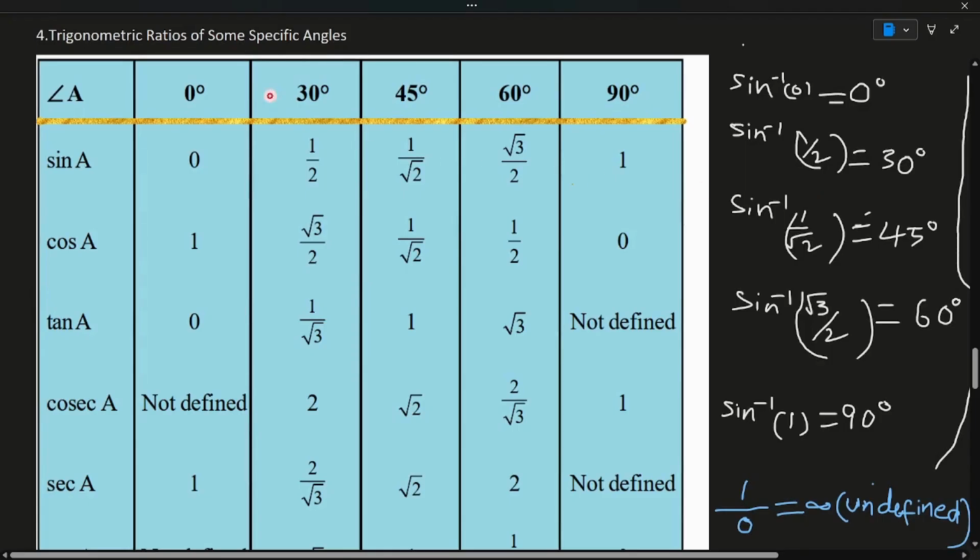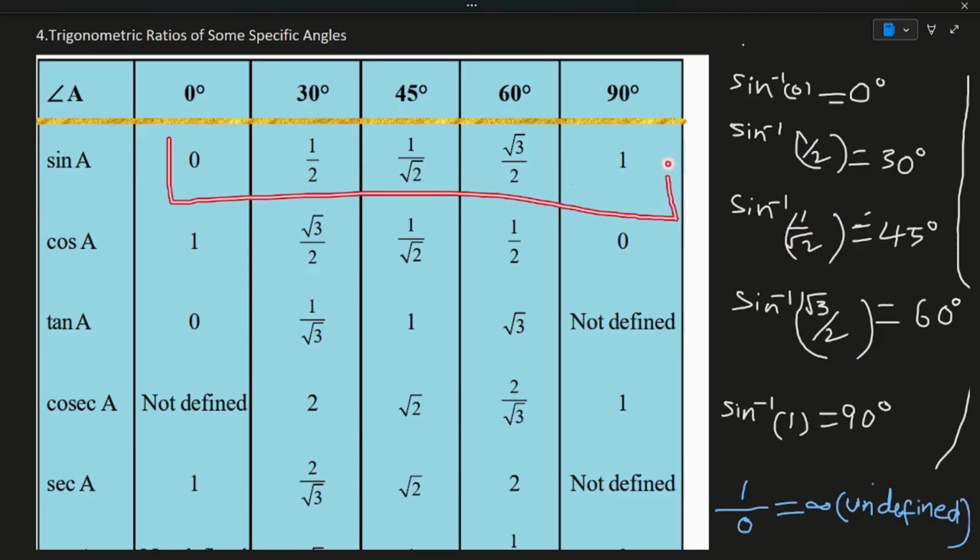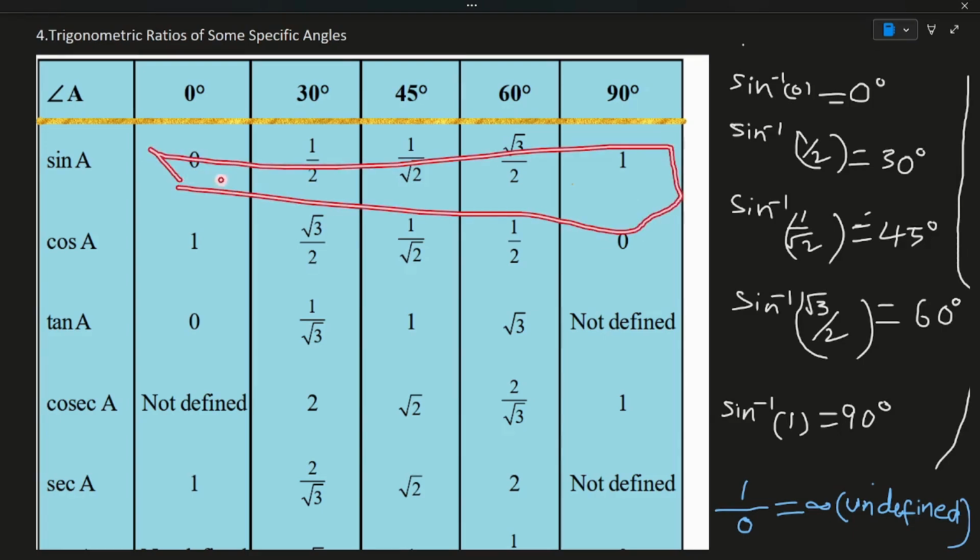The trigonometric ratios of some specific angles. Carefully examine these ratios. For the sin A, the ratio became increasing from 0 to 1. See here, 0 is the lowest, the maximum is 1. So these values have been increasing from 0 to 1: 0, 1 by 2, 1 by root 2, root 3 by 2, 1.